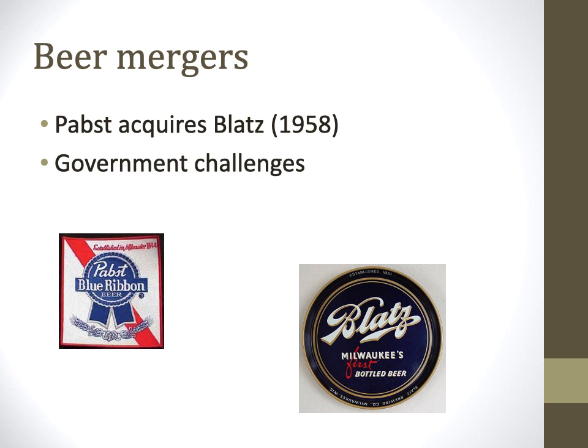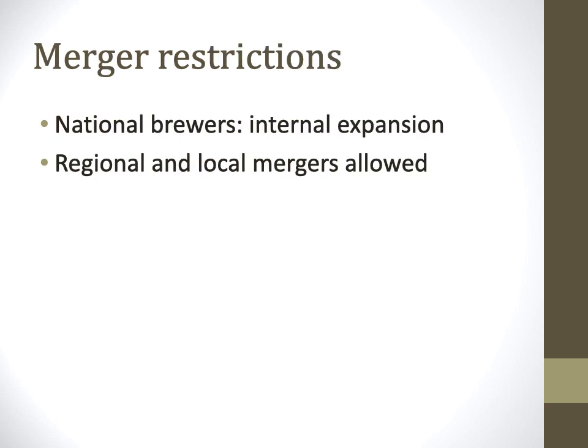As a result of being found guilty of violating Section 7 of the Clayton Act, they sold Blatz's assets to Heilemann, to a smaller brewery. Now, after these cases, for the most part, national brewers grew by internal expansion, not by acquisition.